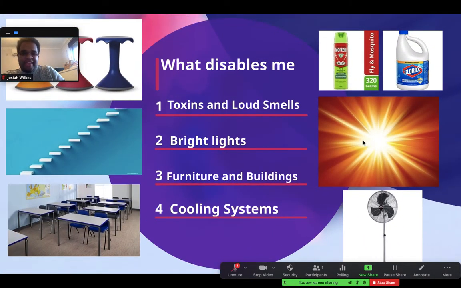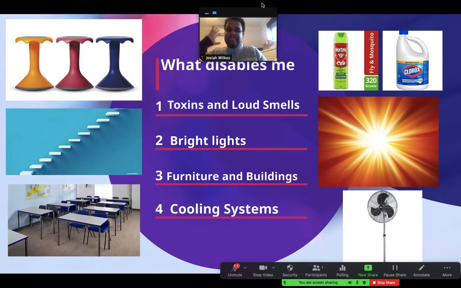Another thing that disables me, and this is a pet hate when I walk into classrooms, is the way classrooms are designed and the furniture in buildings. There are certain pieces of furniture that just stump me.